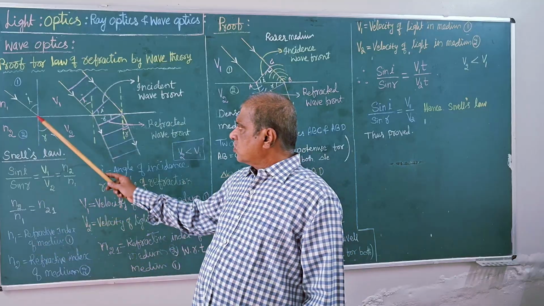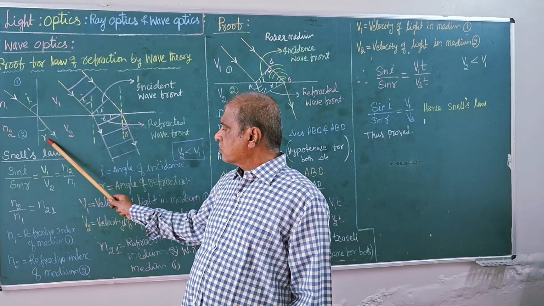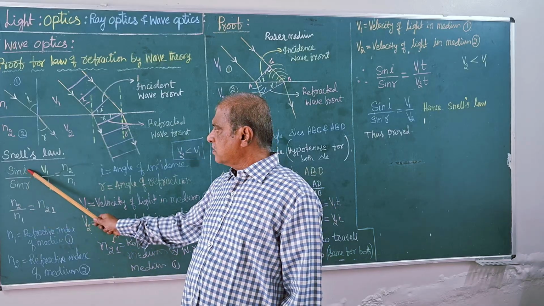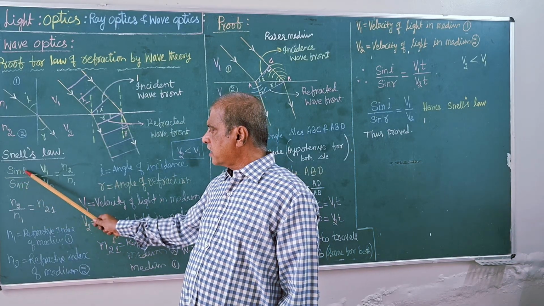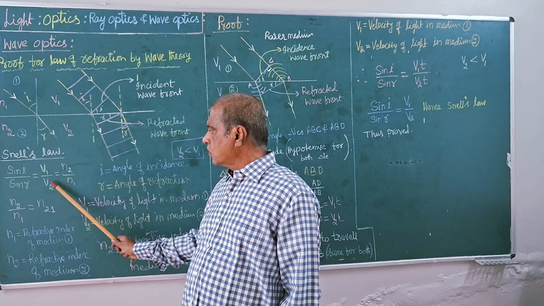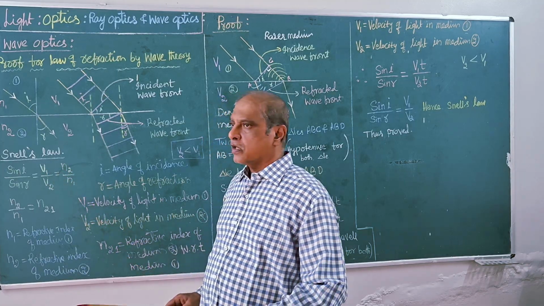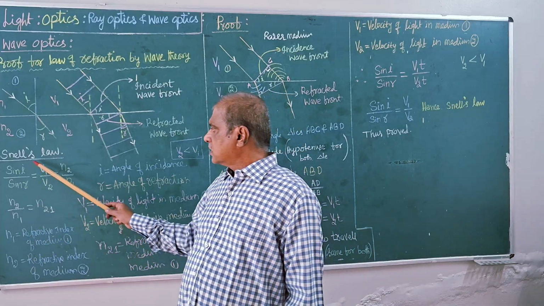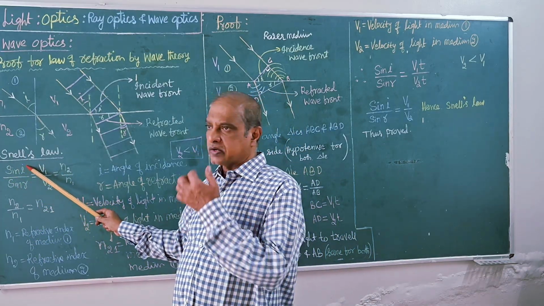If we take the ratio of these two angles as a function of trigonometry, sin I by sin R, it is equal to V1 by V2 or N2 by N1. In accordance with Snell's law, this ratio is always constant.